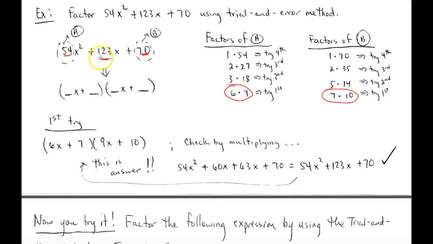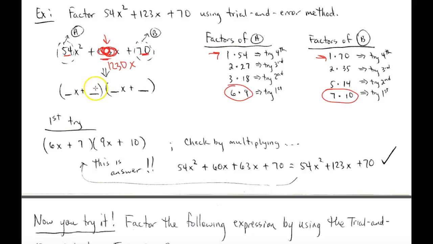Now, if you had a situation where this number was way larger than the others, not to say this would work, but let's say instead of 123x you would have 1230x, then from that point I would start at the factors that are further apart and try to work my way back.